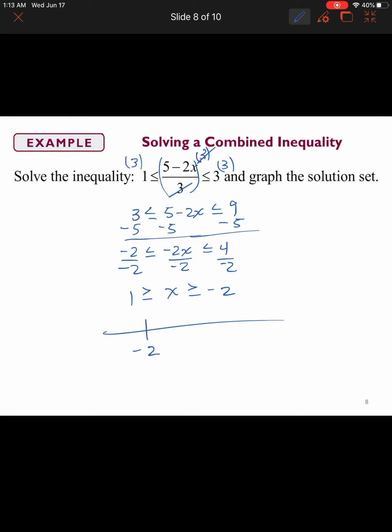When you're graphing this out, you put your smallest one down first, because we write in increasing order, ascending order from left to right.